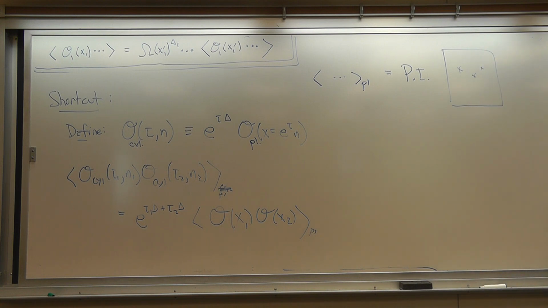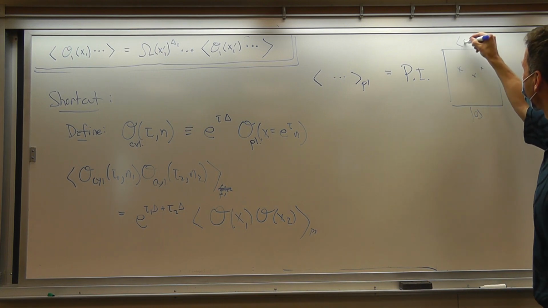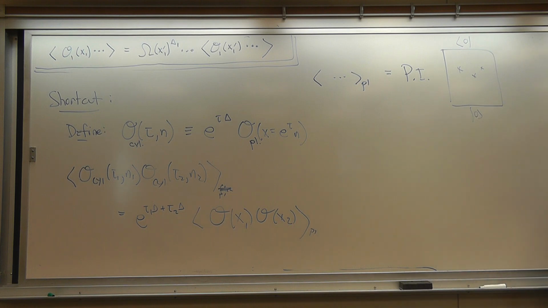Now, as we've discussed, doing the path integral on the Euclidean plane does calculate stuff in the Minkowski vacuum state. Okay, because we can reinterpret this in operator language as calculating this correlator in the Minkowski vacuum.